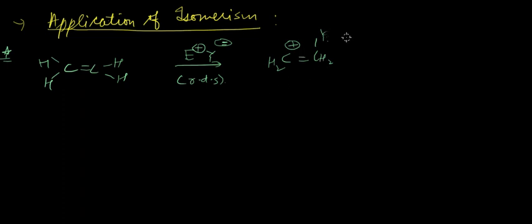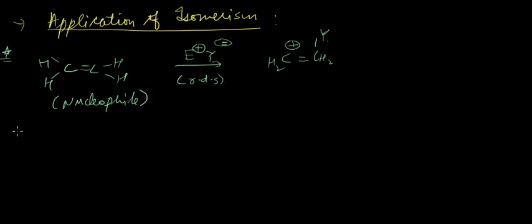So yeah, formation of carbocation is the rate determining step, and this will act as a nucleophile. Okay, and it's an exothermic path as more number of bonds are formed.